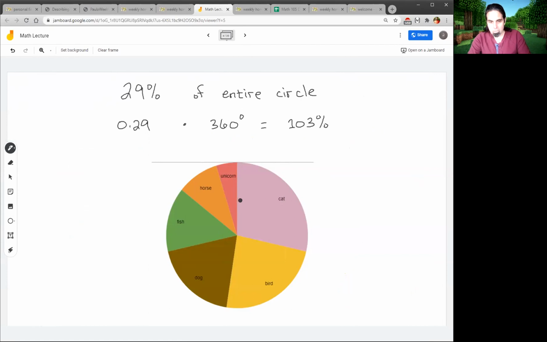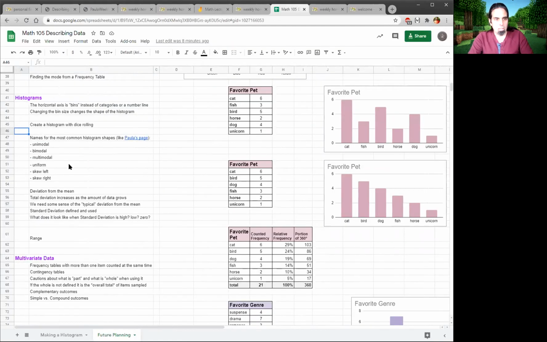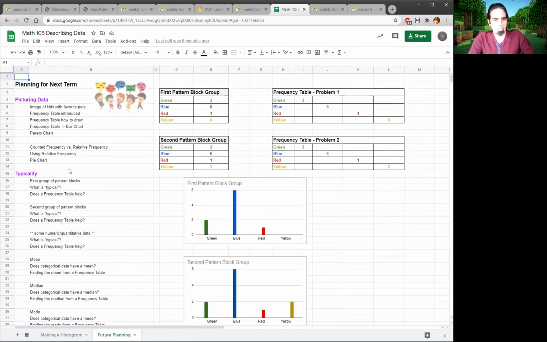So then I take my protractor, measure this angle, and this is supposed to be 103 degrees if I was drawing it with a pencil and paper on a protractor. We also had the pie chart by cut and paste. We also talked about how we could take the bars, physically cut them apart and draw a pie chart that way, more as an art project than a protractor project.